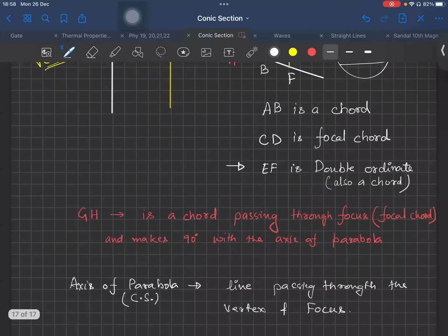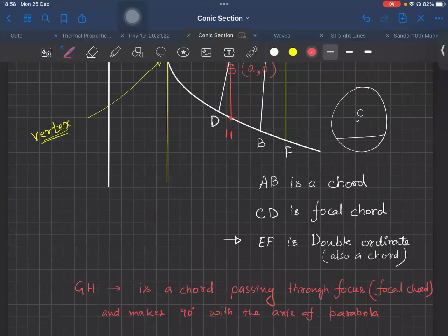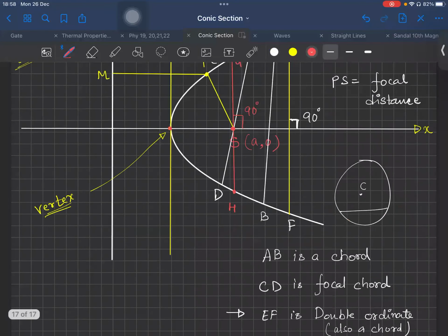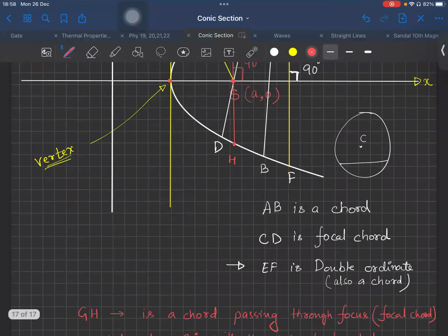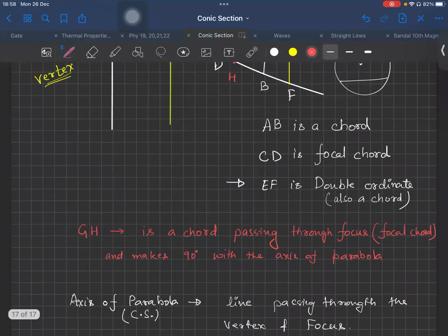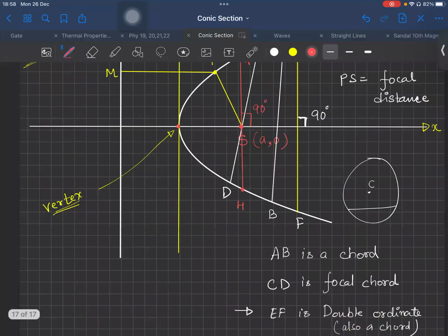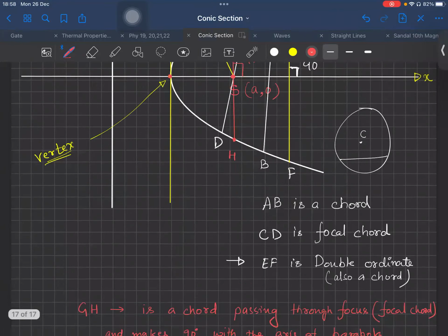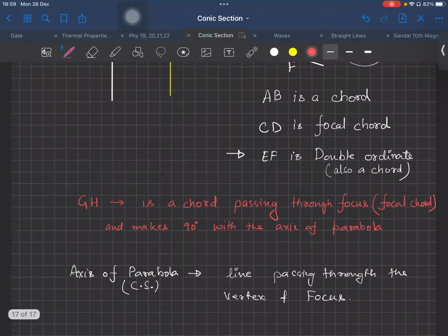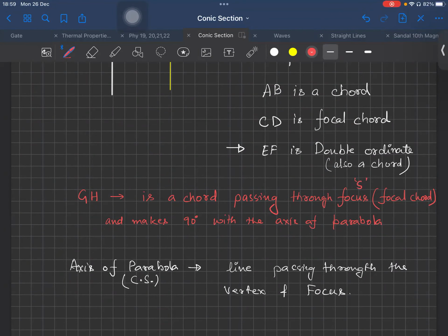Now GH makes 90 degrees and also passes through the focus S. That's why it is called both a focal chord and a double ordinate.